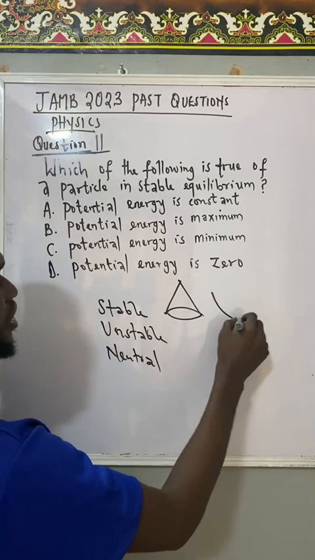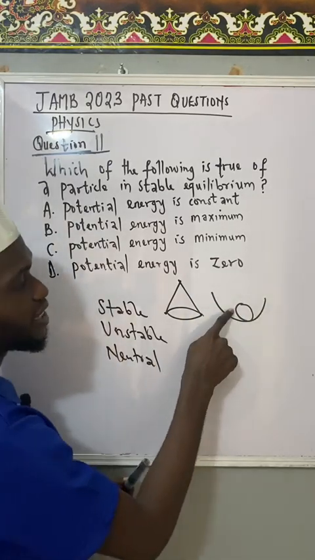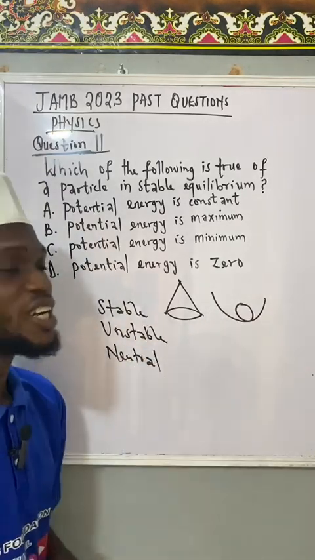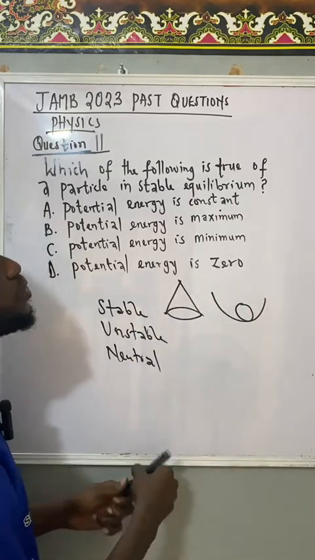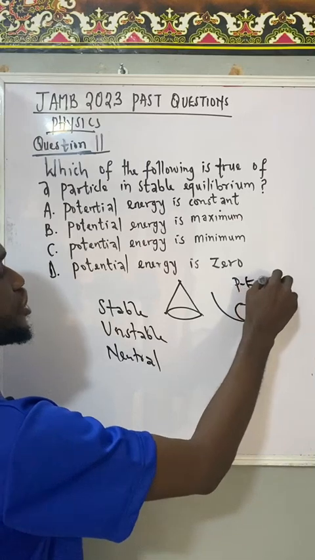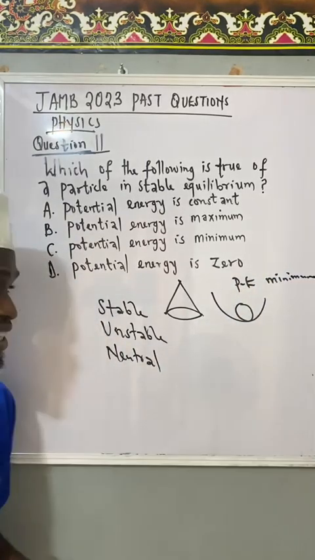Another example is if you have a ball placed in a bowl. If we slightly displace this ball, it will return back to its original position. And one of the properties of stable equilibrium is that the potential energy in this case is minimum. So it has minimum potential energy.